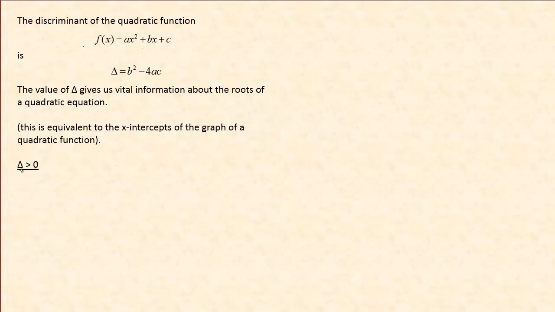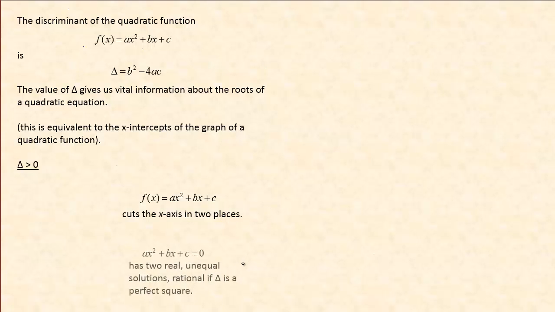So, if the discriminant is positive, delta is greater than 0, f of x equals ax squared plus bx plus c cuts the x-axis in two places. This is the same as saying that the equation ax squared plus bx plus c equals 0 has two real unequal solutions.